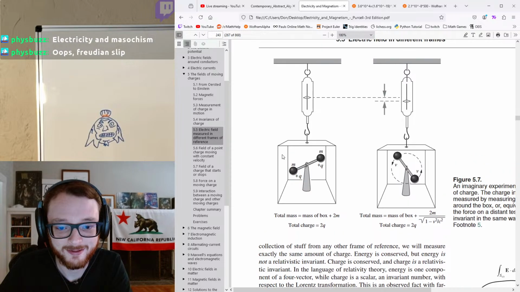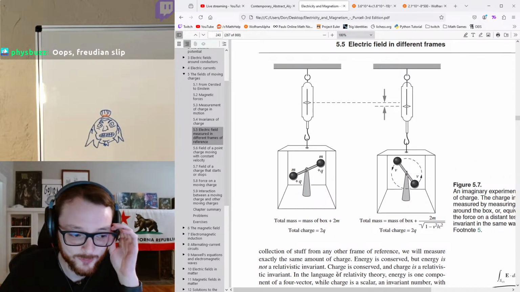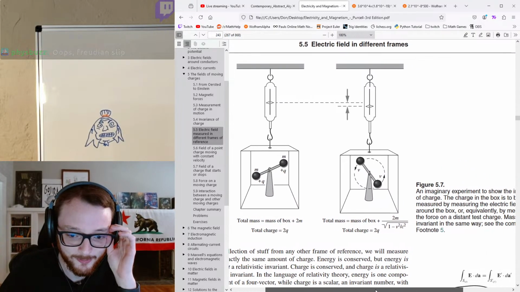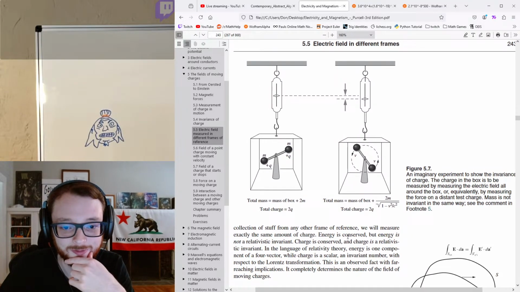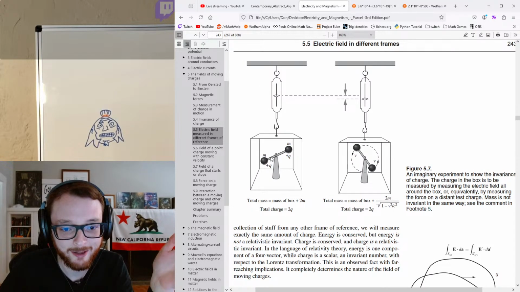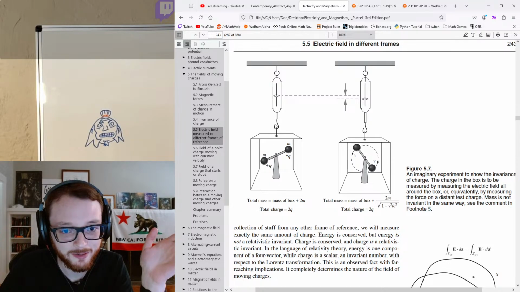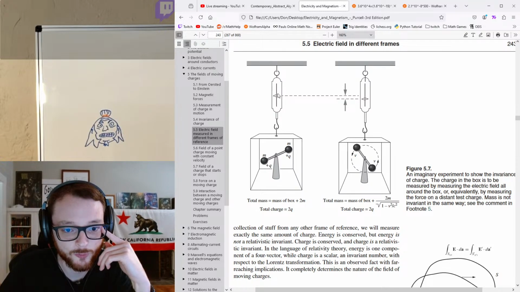Like, okay, I started the stream talking about some of the crazy stuff that happens with relativity because this book is getting into it. If you have a box that's hooked onto a spring, hanging by that spring, the spring can measure the weight. And inside that box, you have a rod that you can spin around. It has a mass on either end.